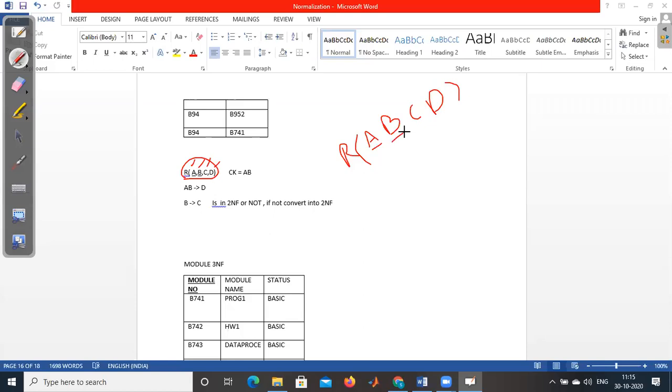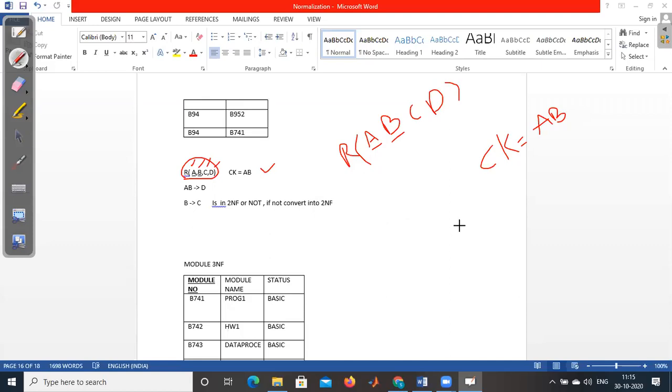If you underline any attribute, we call it a prime attribute. That means the combination AB gives the super key or candidate key. So AB is a candidate key.